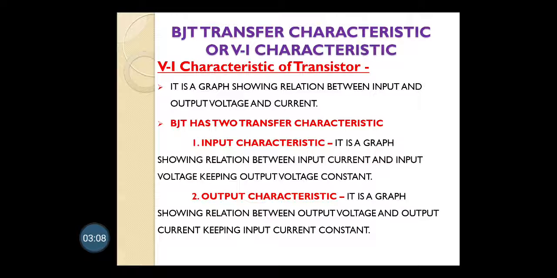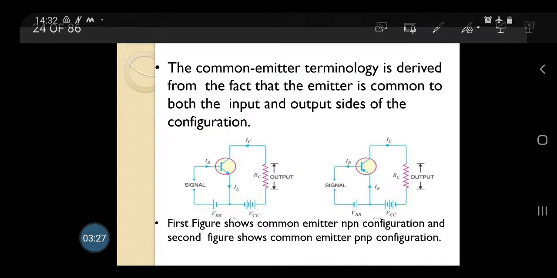Now for the output characteristic, it is a graph showing the relation between output voltage and output current, keeping the input current constant. So this is more important. The BJT transfer characteristic, or VI characteristic, is divided into two: input characteristic and output characteristic.